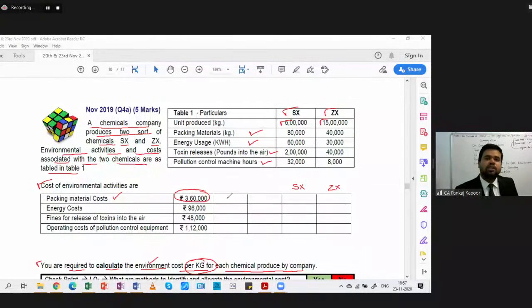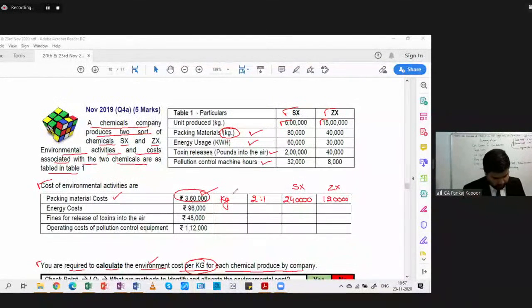We need to firstly determine the cost driver. The cost driver will be kg of packing material. And what is the ratio? 80,000 to 40,000. So in the ratio of 2:1, we are going to allocate this 3,60,000. So it will be 2,40,000 to X and 1,20,000 to Z.